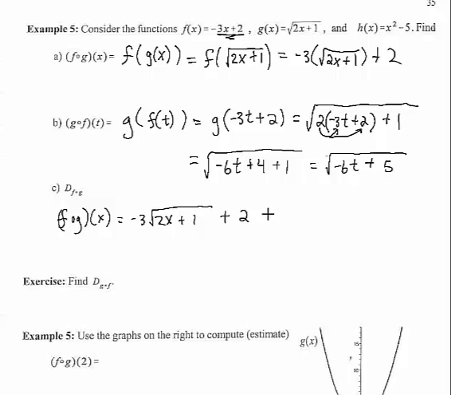Okay. And our first step is to figure out what are the domains of f and g. The domain of f, being a linear function, would be all real numbers. The domain of g would be different. Okay, g contains a radical.